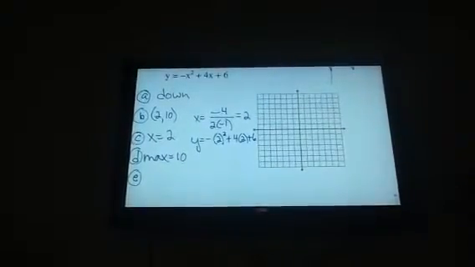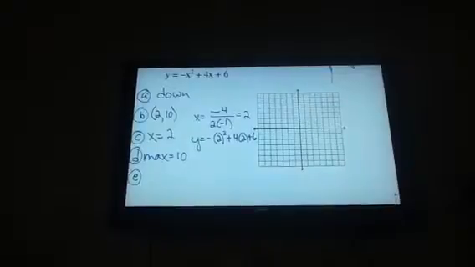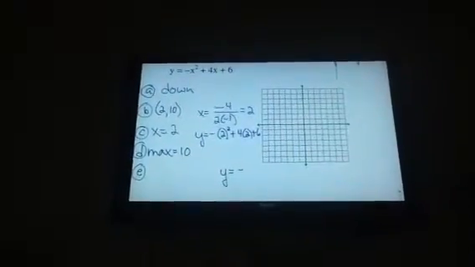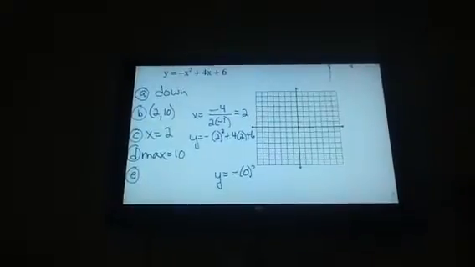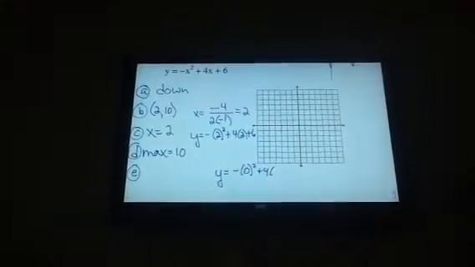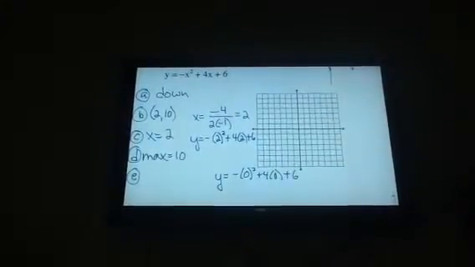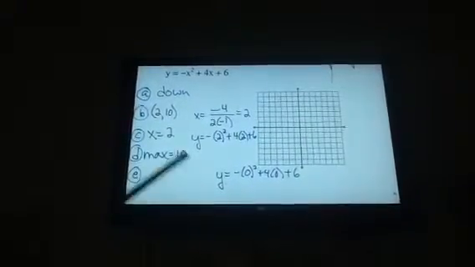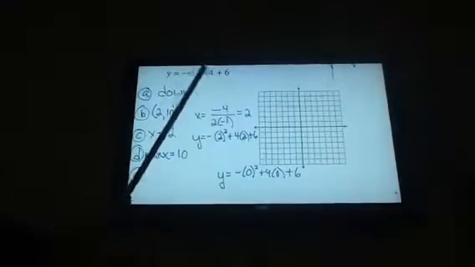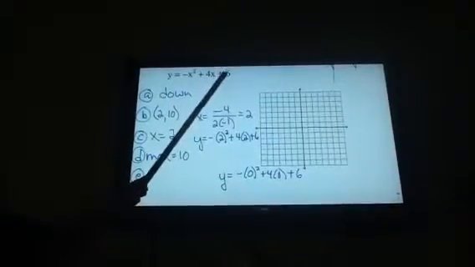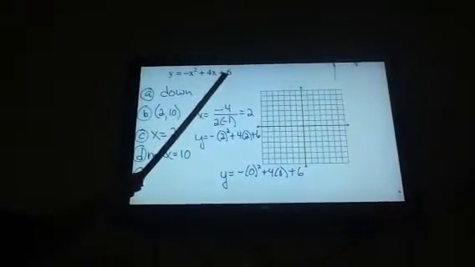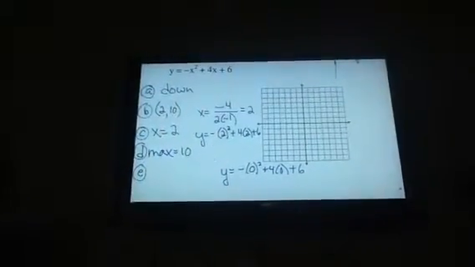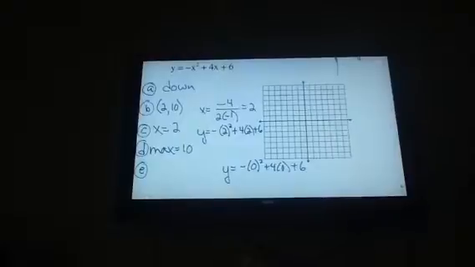For your y-intercept, you put 0 in for x. What am I going to get there? 6. If I'm going to put 0 for x, all I'm going to have left is that number at the end, that constant term. So when I plug in 0 for x, it's the 6.